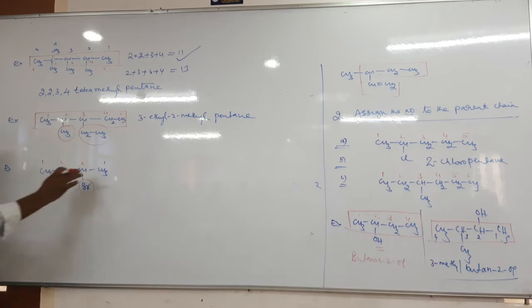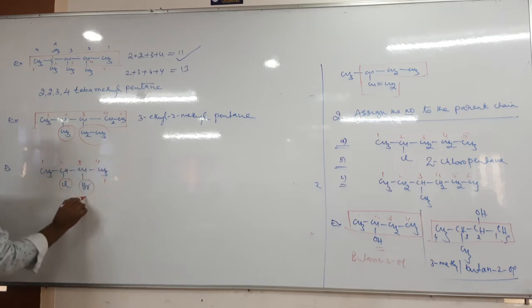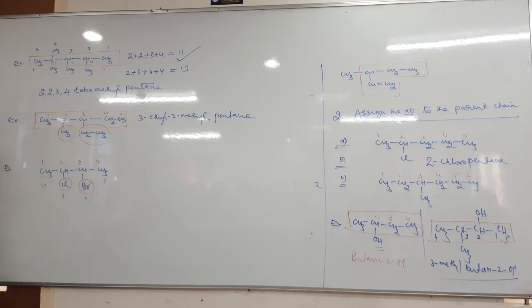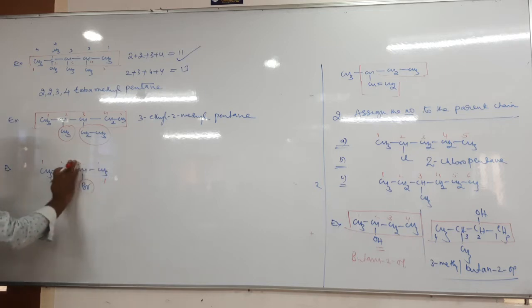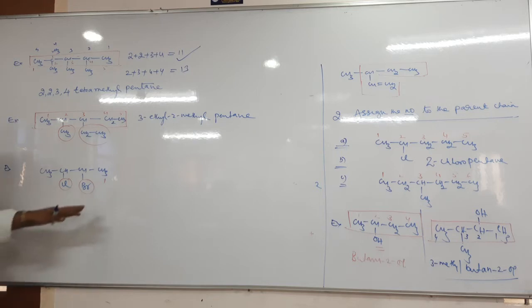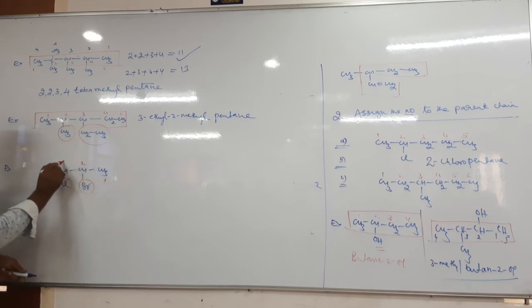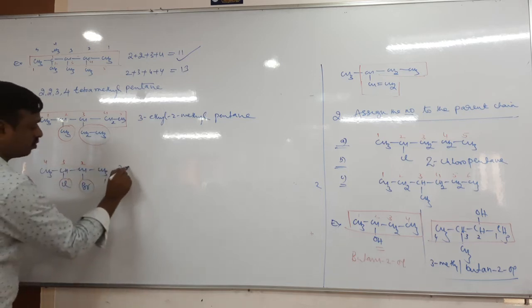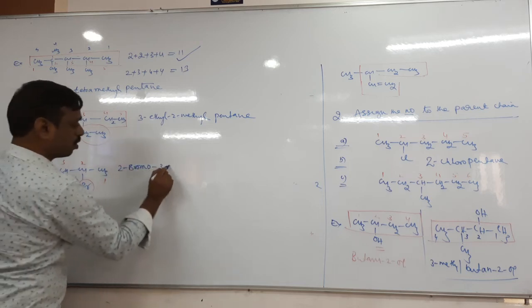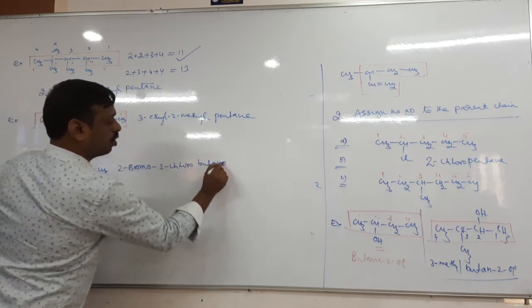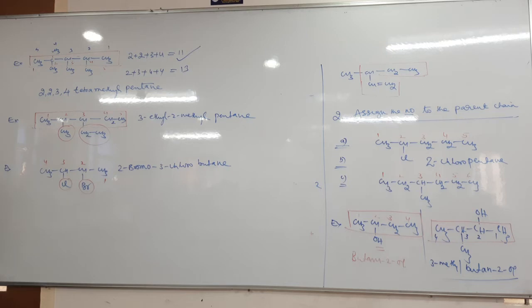The lowest sum will be the same, 2 plus 3, 5, since it is 1, 2, 3, 4. So you cannot apply the lowest sum rule. Therefore numbering is given from the end where the substituent that comes first in alphabetical order gets the lower number. In alphabetical order, bromo comes before chloro. So it is 2-bromo, 3-chloro, butane.